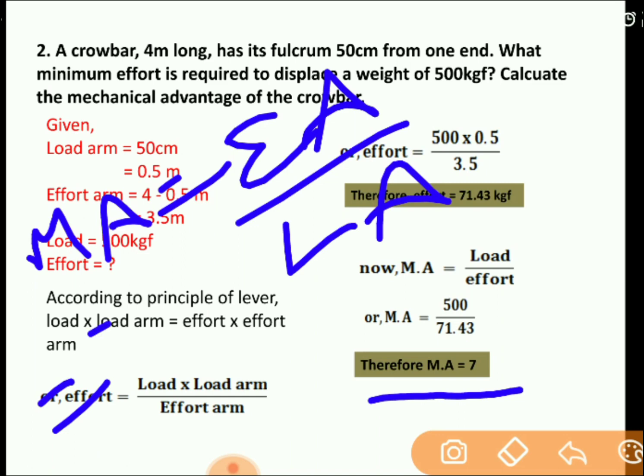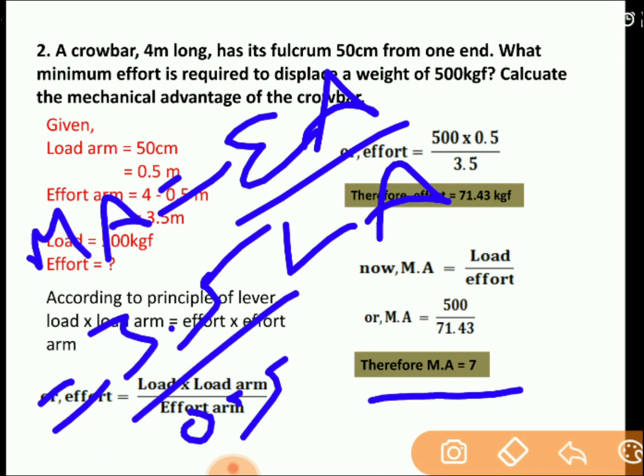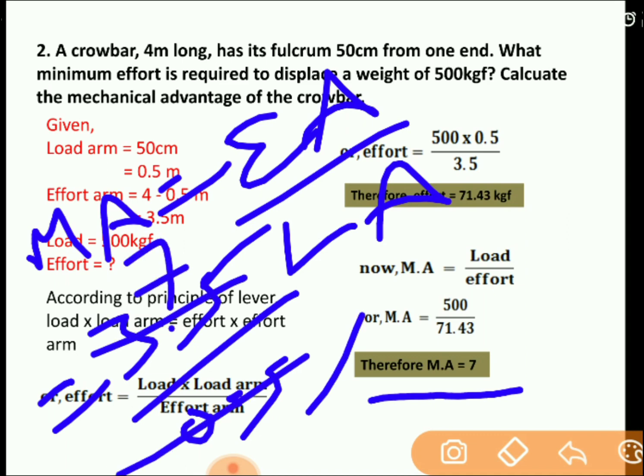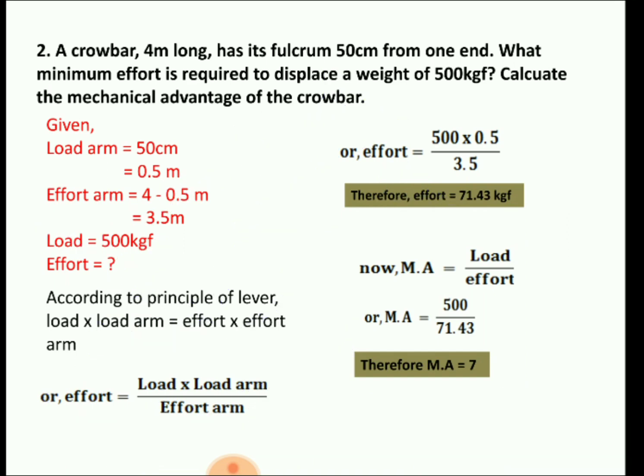Effort arm is 3.5, load arm is 0.5. Cancelling, we get mechanical advantage 7. So we can solve this either using the formula load by effort, or the formula effort arm by load arm. In both cases we get the answer 7, which means both formulas are absolutely correct.